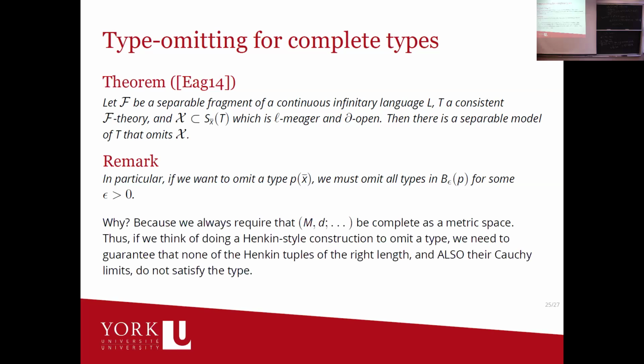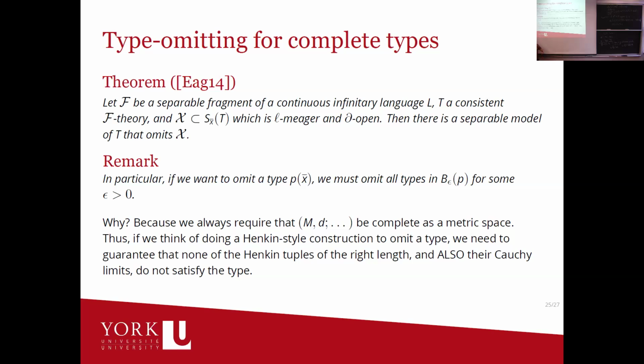And one possible reasoning is if you try to do the Henkin construction to omit the types, your Henkin construction is really just going to build a countable dense subset. So you can only make sure that the countable dense subset omits the types, but maybe you start getting close, and the moment you complete your countable dense subset to get a whole metric structure, you realize the type.